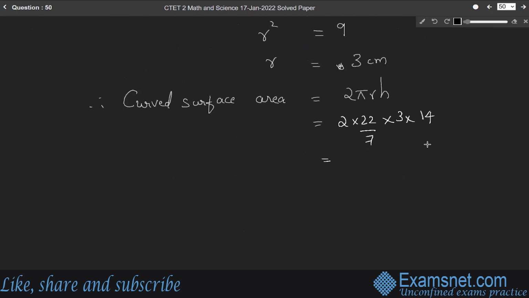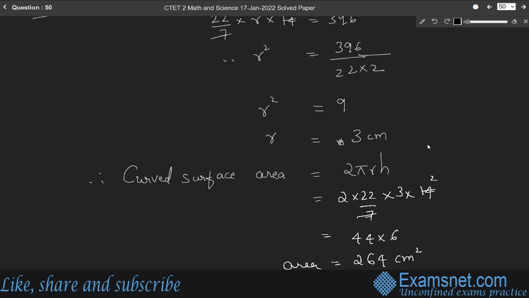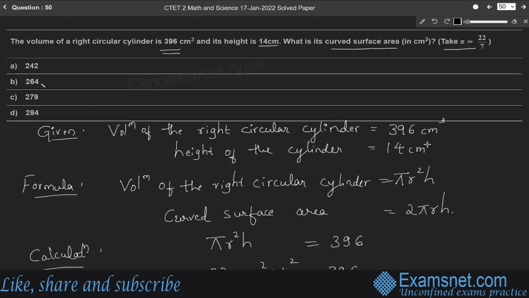So 7 into 2 is 14, 44 into 6, which is 264 centimeter square. Since it is area, 264 centimeter square. Therefore, the correct answer is option B.